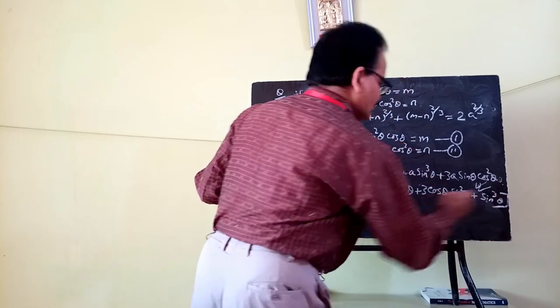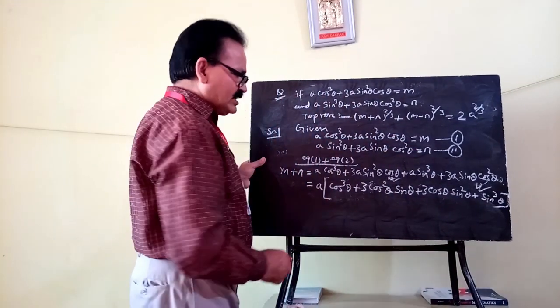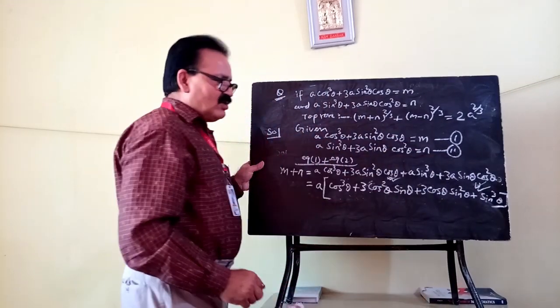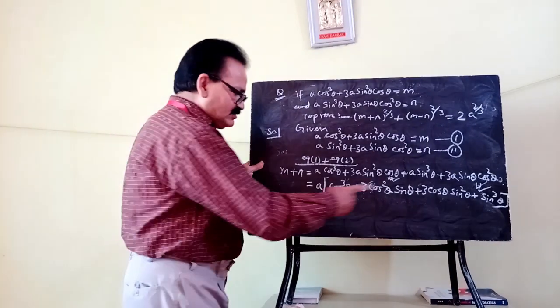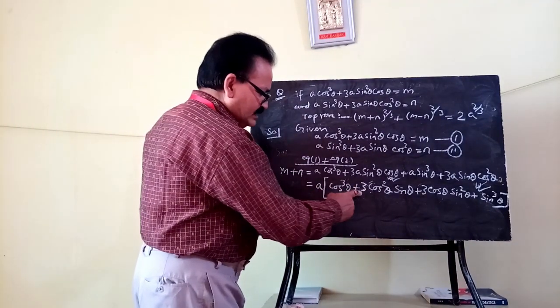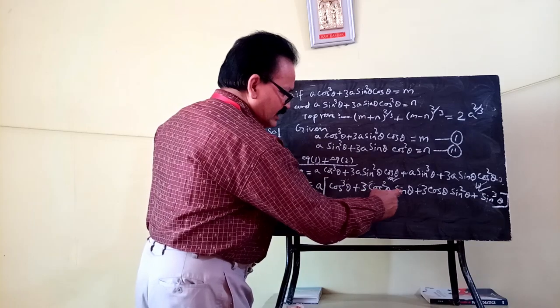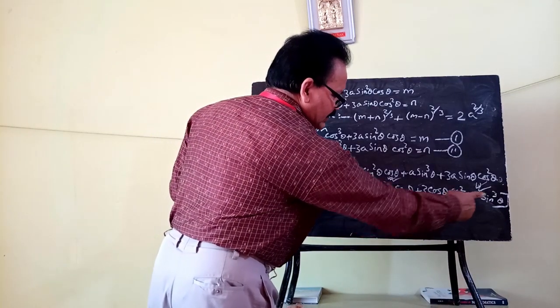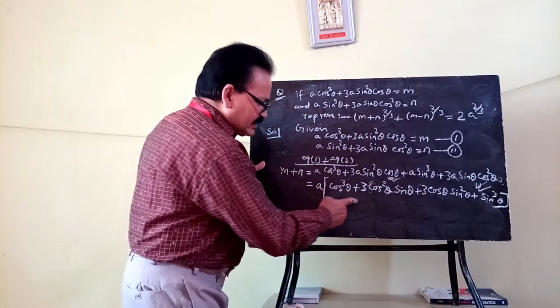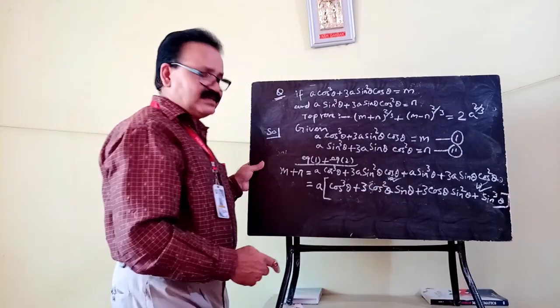Now the bracket is closed. So after taking a common, you have written all these in a proper sequence. You see cos theta gradually decreases and sin theta increases.